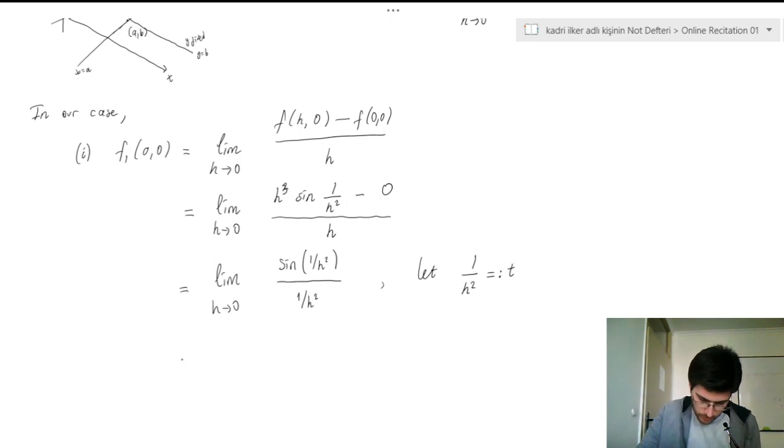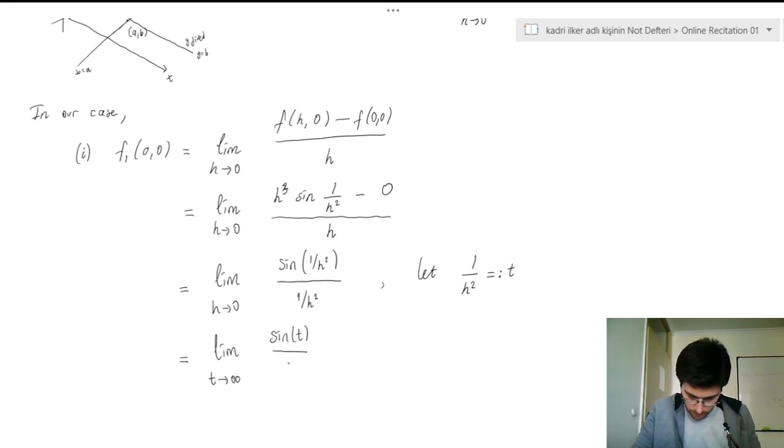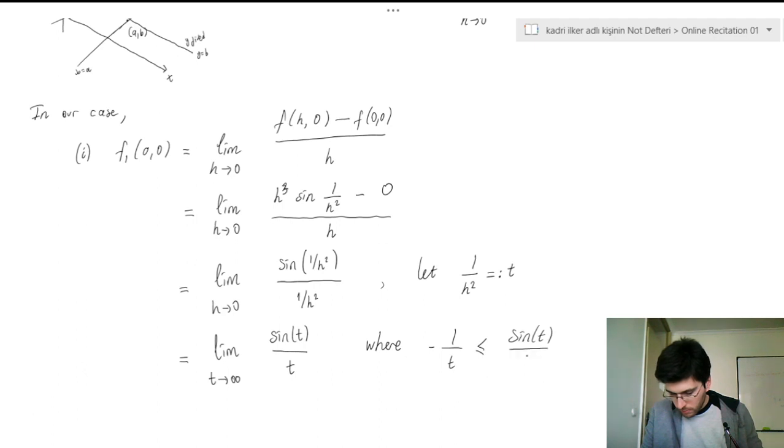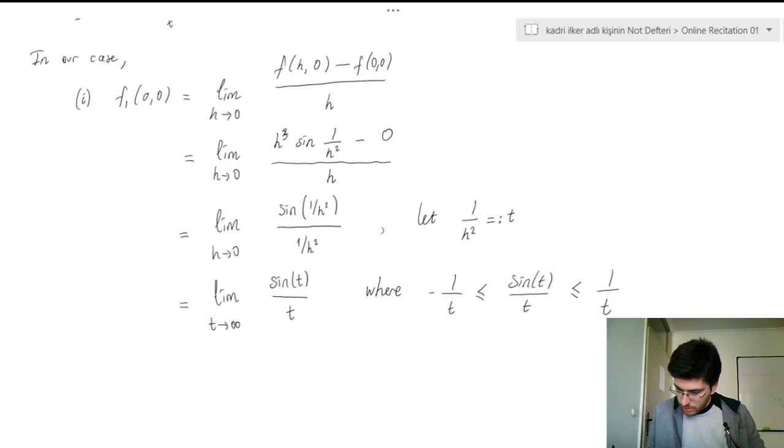Then this turns out to be the limit as t approaches infinity of sine t divided by t. Maybe we should remember this sort of inequality from the usual one variable calculus, and you should remember the standard squeeze theorem argument, and then this turns out to be 0.